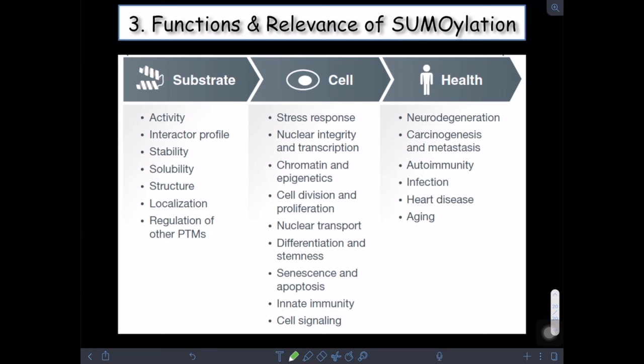Among others, SUMOylation is known to regulate the responses to cellular stress, as well as modulating nuclear integrity, modulating transcription, regulating chromatin structure and epigenetics, facilitating and regulating progression through cell division, and modulating cellular proliferation, acting as a main modulator of nucleocytoplasmic traffic, helping control cellular differentiation and stemness, and being a key factor in dictating progression into senescence and apoptosis, and also modulating innate immune responses and cell signaling.